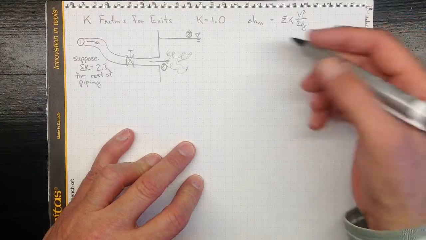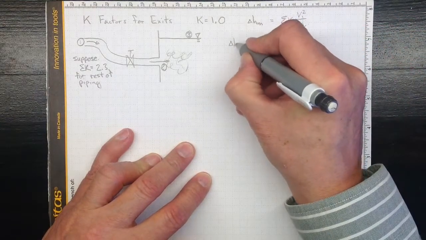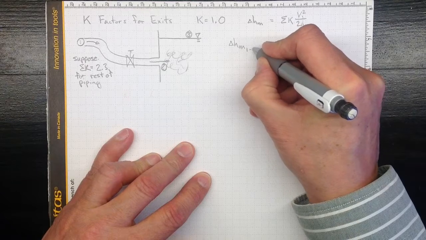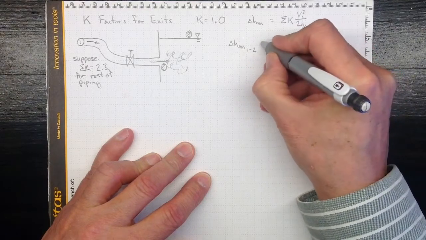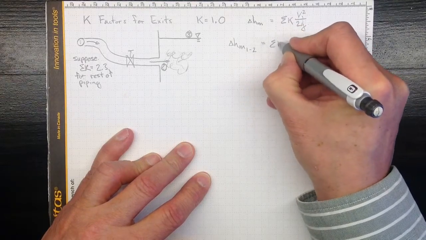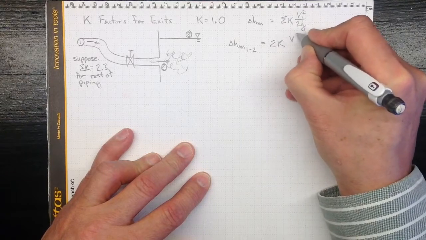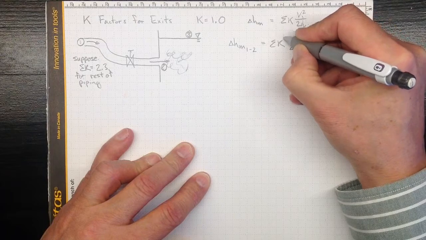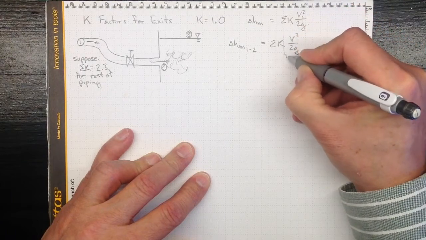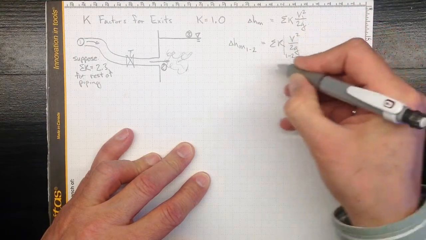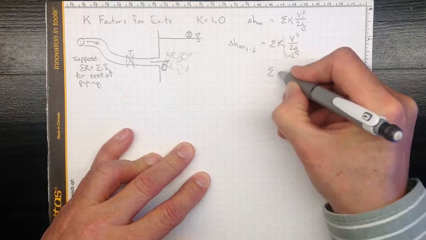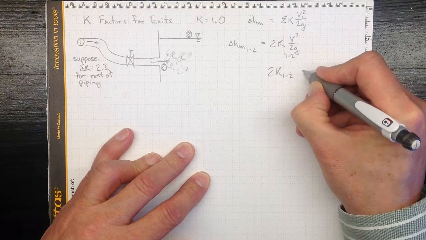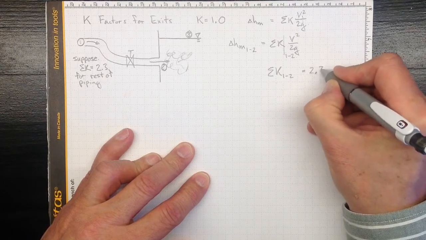If we take delta HM from location 1 to location 2 equal to the sum of the k factors, v squared over 2g, and that's the k factors from location 1 to location 2, then sigma k from 1 to 2 is equal to 2.3.